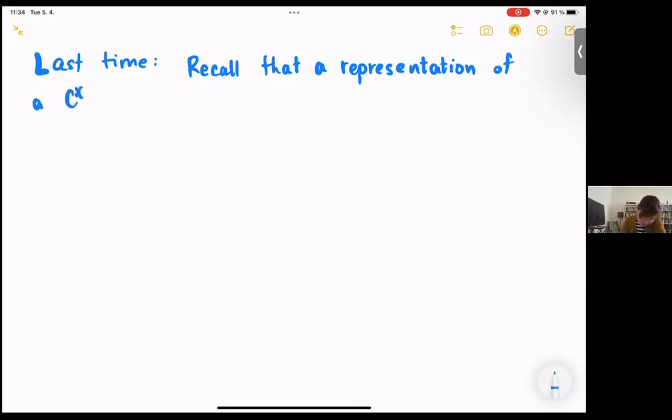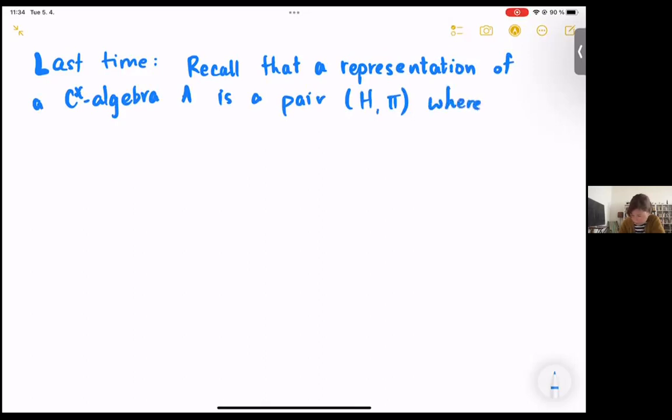So for that, we need a Hilbert space and a star homomorphism. The star homomorphism, of course, is into the C-star algebra B of H.